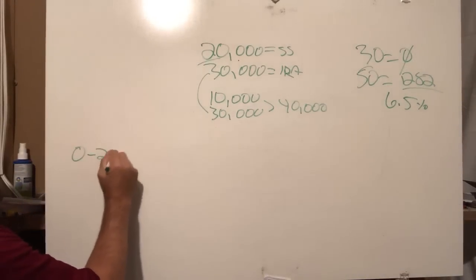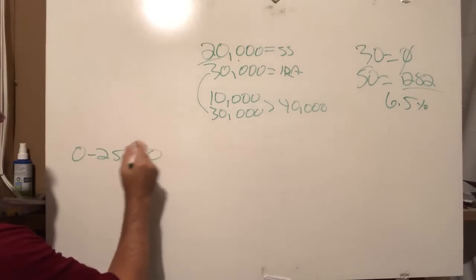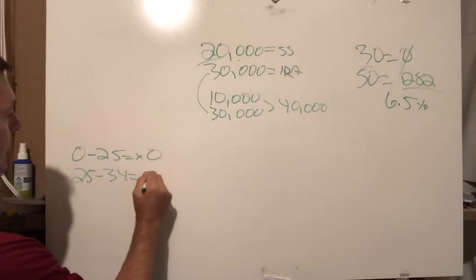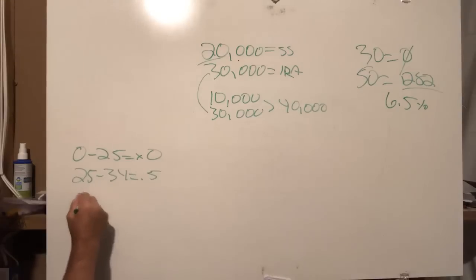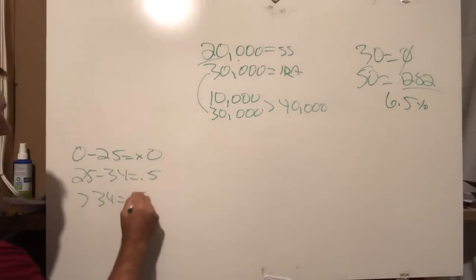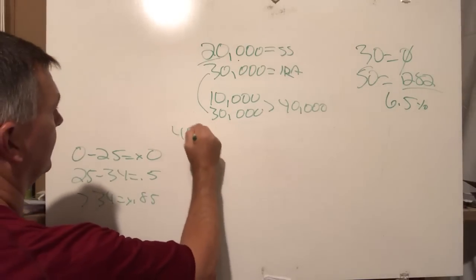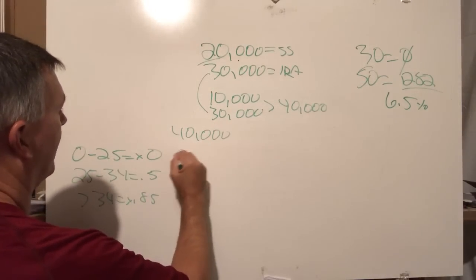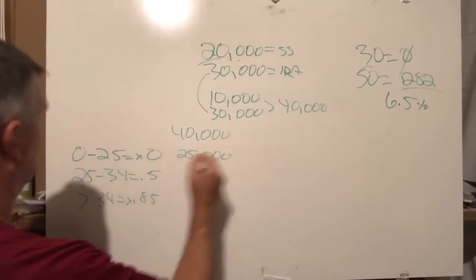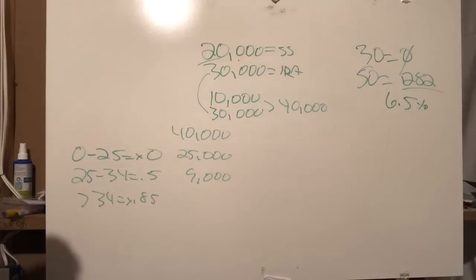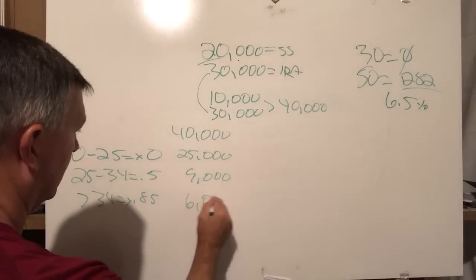0 to 25 times 0, 25 to 34 times 0.5, and anything over 34 equals 0.85, times it by that. All right, so in this case, we got $40,000. First $25,000 is nothing. Next $9,000 is there, and then what's that? 34. We got $6,000 here. Is that right?